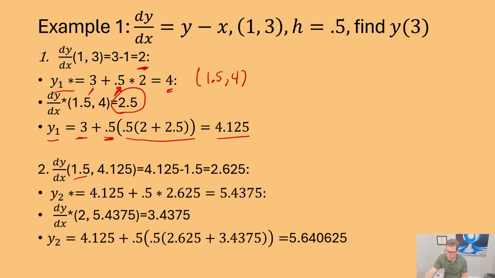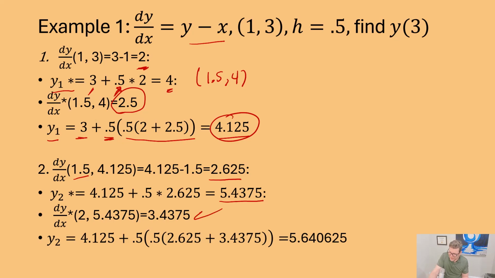We're now going to be at 1.5, and notice our 4.125. So we've iterated x up by 0.5 and gone to 4.125 for y. We'll go find the slope there, and that slope ends up being 2.625 using our differential equation y minus x. Then we'll find our y2 star using Euler's method, and that gives me 5.4375.